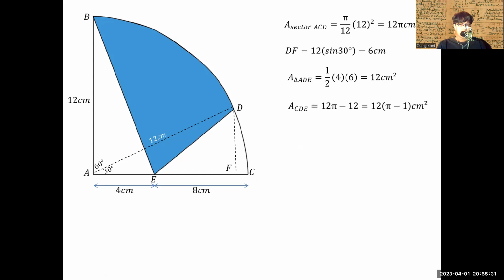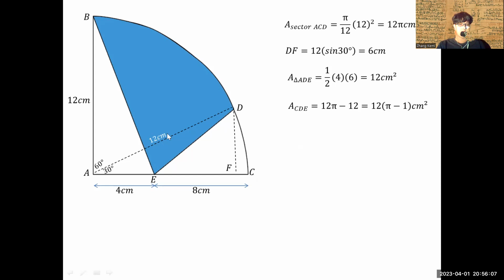Thus, the area of the region CDE will simply be 12 pi minus 12, sector ACD minus triangle ADE. I can rewrite it as 12 of pi minus 1 cm squared. Now I have the area of region CDE.